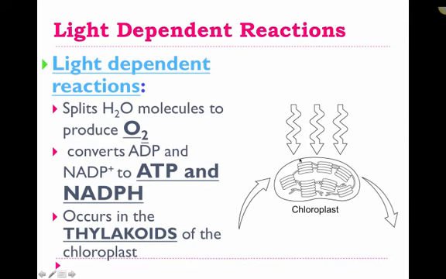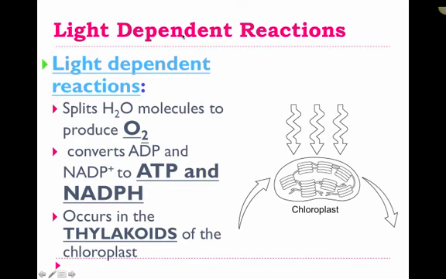We know that photosynthesis occurs in an organelle called a chloroplast, and a chloroplast is an organelle only found in plants. Typically, it looks green. Specifically, within the chloroplast, photosynthesis occurs in the thylakoids. And the reactions that we're talking about right now are light-dependent reactions.